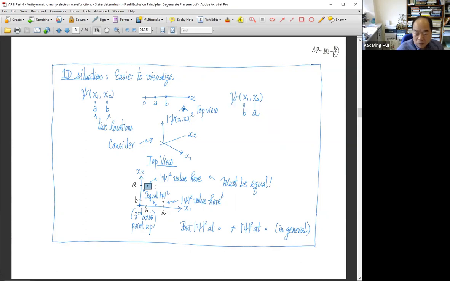The first coordinate is B, the second coordinate is A. You use your function calculator, you get another number, square it, there's another value. What quantum mechanics requires is that the value here must be equal to the value there. Is that clear?